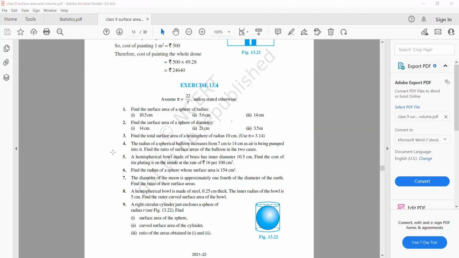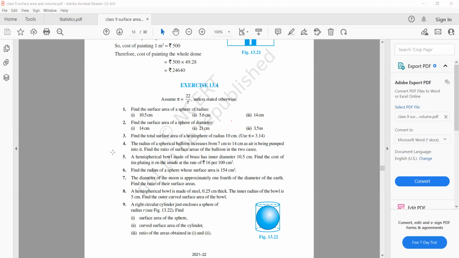Because ball is open at the top. Clear? So you have to find area to be tin plated. It will be equal to inner curved surface area. Is that okay?